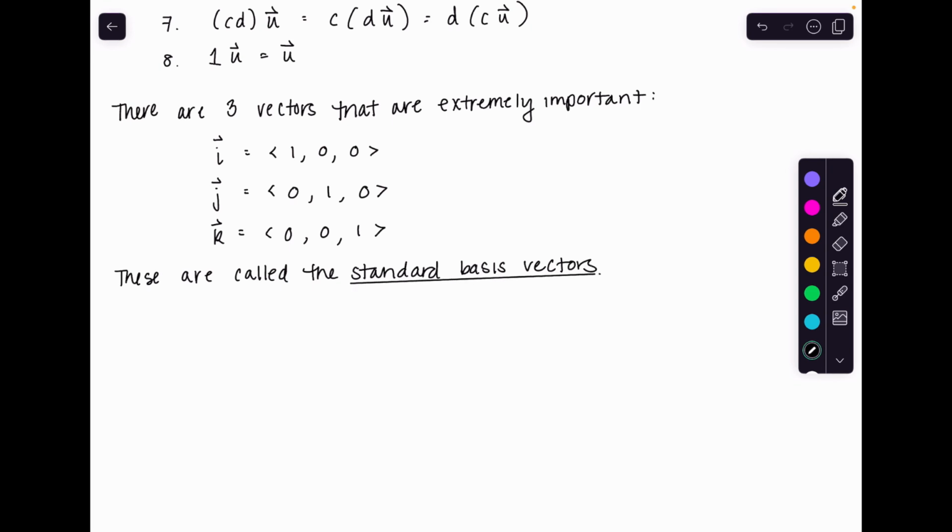They have length 1, which is super nice. We like stuff to have length 1, like our unit circle. And they point in the direction of the positive x, y, and z axes.